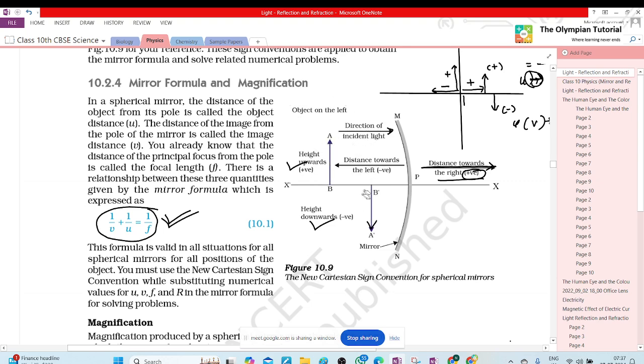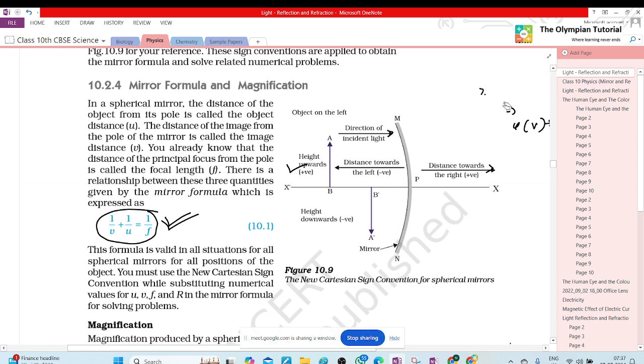Tanya, you remember coordinate geometry? This is the same as coordinate geometry. In coordinate geometry, we have the Cartesian plane. So here P is considered as the origin.